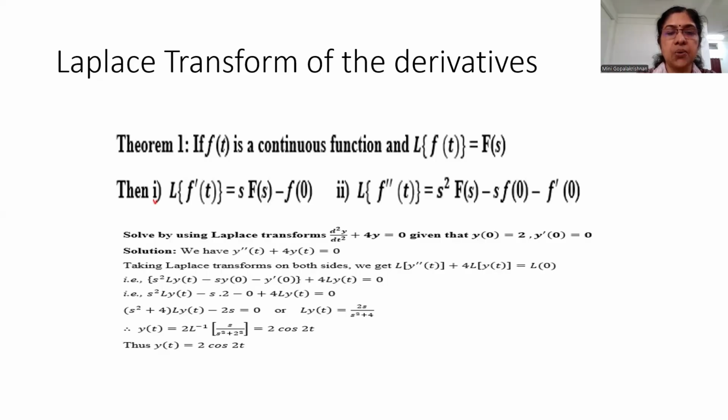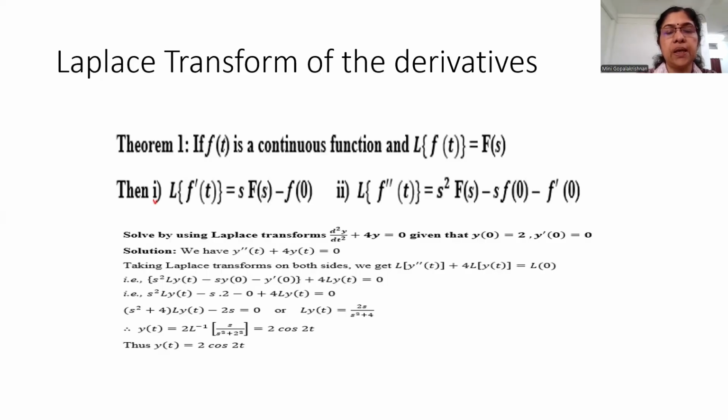So we have s square L of y of t, which is F of s actually, minus s y at 0 minus y dash 0. So L of y double dash t, we applied the second formula, plus 4 times L of y of t.